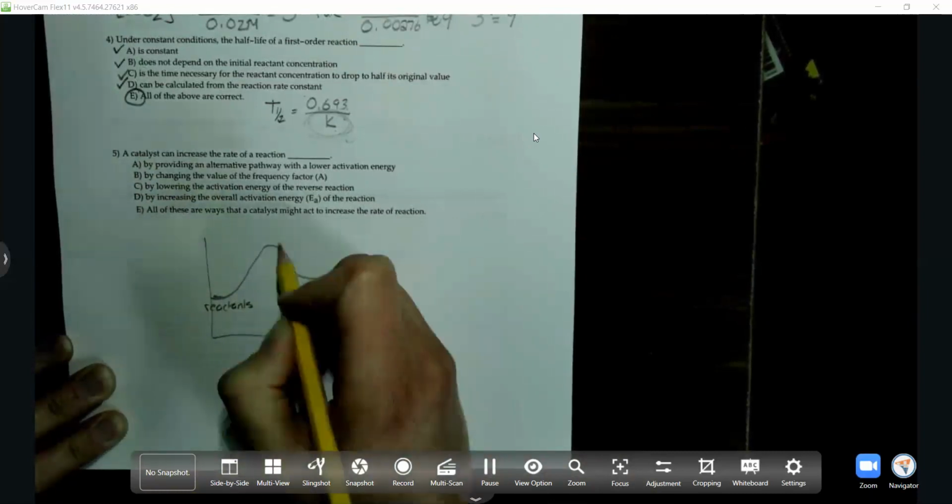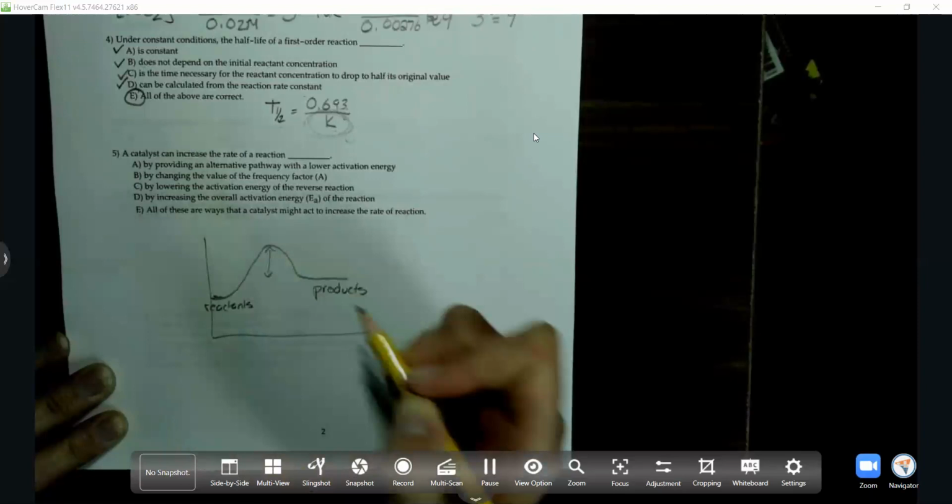Our activation energy is the energy required for the reaction to move forward and form products. A catalyst can change how a reaction occurs and lower the activation energy. So letter A, by providing an alternative pathway to lower activation energy, yes, this is how the catalyst works.